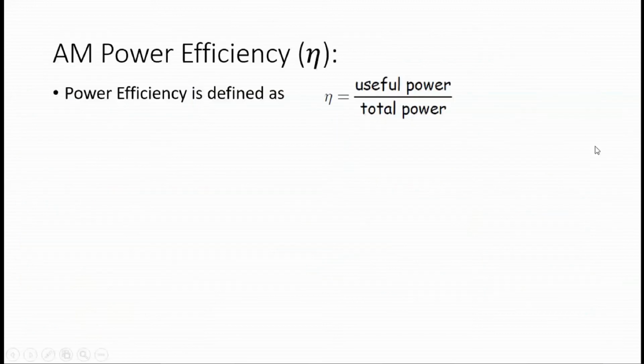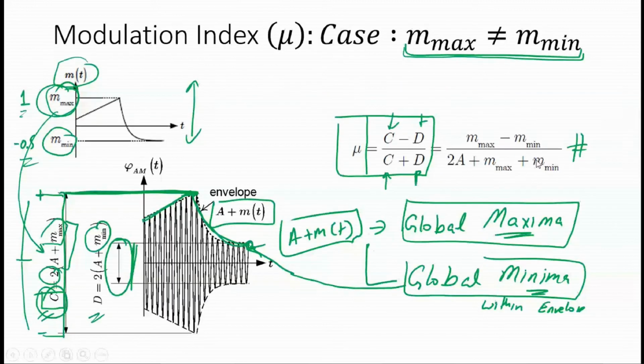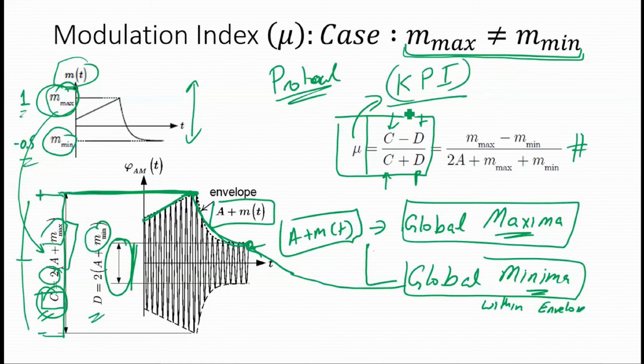So you may ask the question why we need this formula. This is a matter of protocol. For example, different regulators may use this as the criterion or the performance metric. Let us call it a key performance indicator, KPI, for the network. So you need the modulation index to showcase it to some regulator, and that regulator goes with this definition of modulation index for the uneven symmetrical signals.